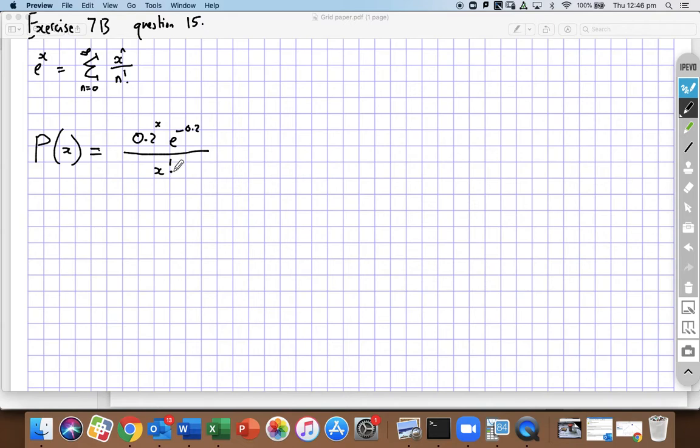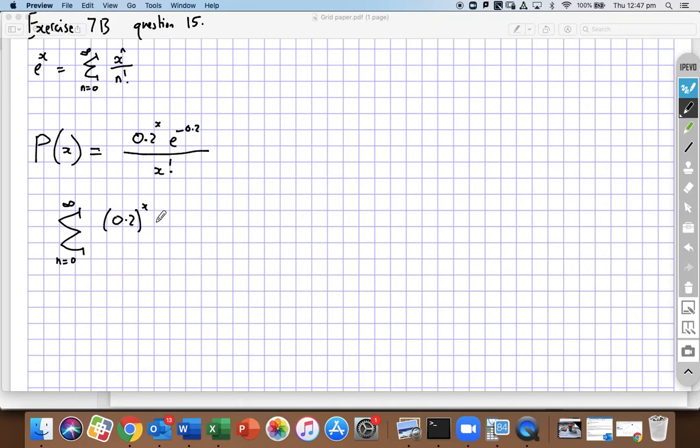Now they say use this definition to evaluate this probability function, right? So what definition are they talking about? They say the sum of n equals 0 up to infinity. And you should be noticing that it kind of looks like this sum up here.